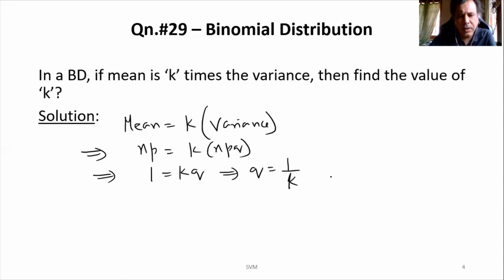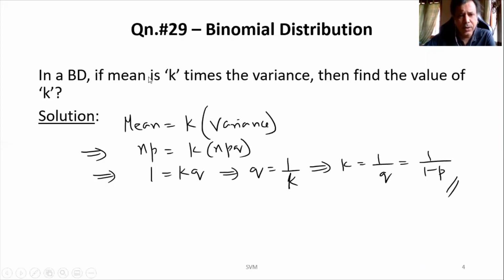Now, what is the question? The question is to find the value of k. That means k is 1 by q. If the answer has to be expressed in terms of p, then I can very well write 1 by 1 minus p, because q is nothing but 1 minus p. So I can write that way also. This is a simpler one.